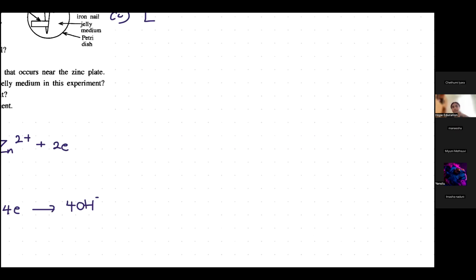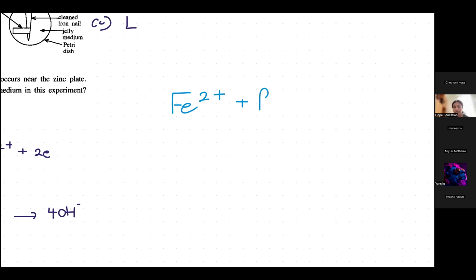So children, if Fe2+ ions are produced, potassium ferricyanide gives a blue color. Yes.